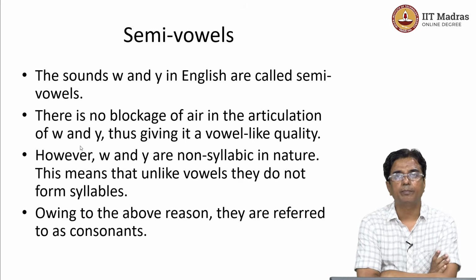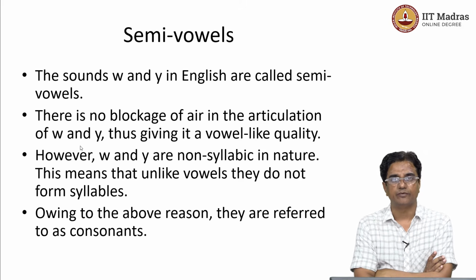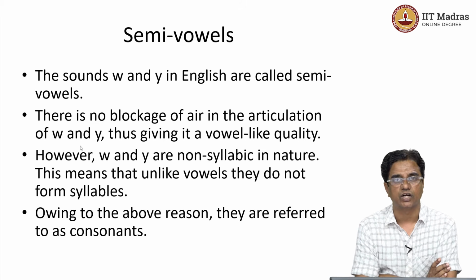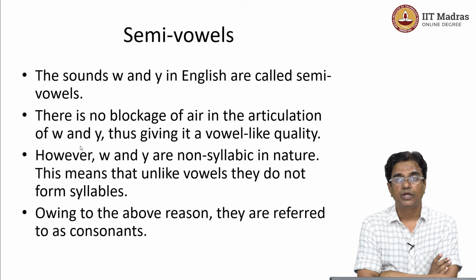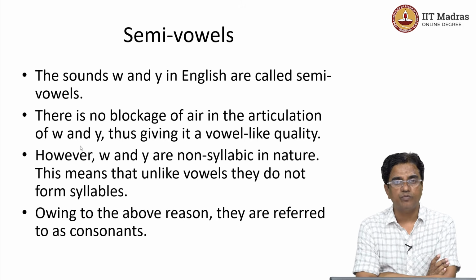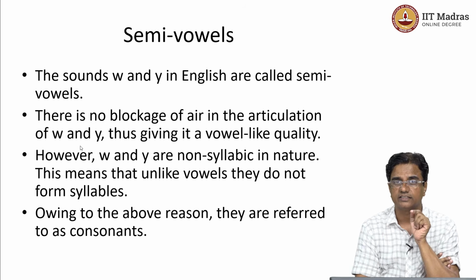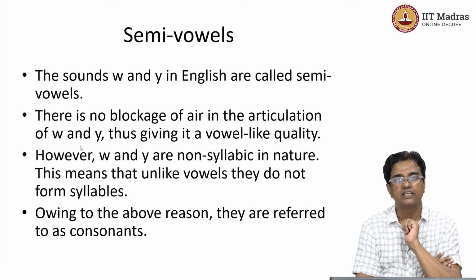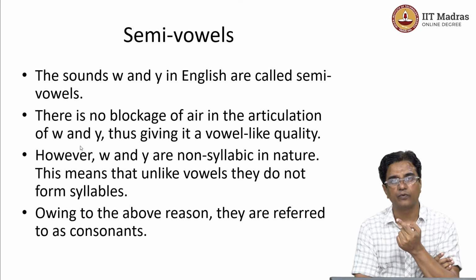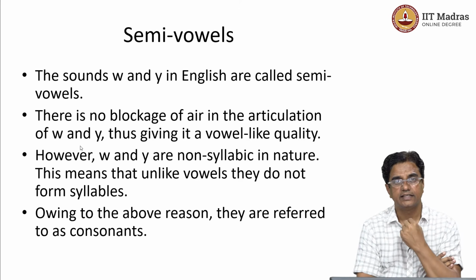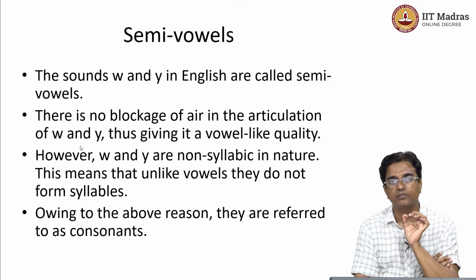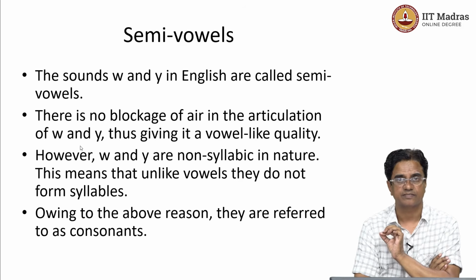If you look at places of articulation and the way we articulate a consonant sound, consonant sounds are always produced with obstruction in the vocal tract. As you understand, the exhaling flow of air is responsible for producing speech sounds.